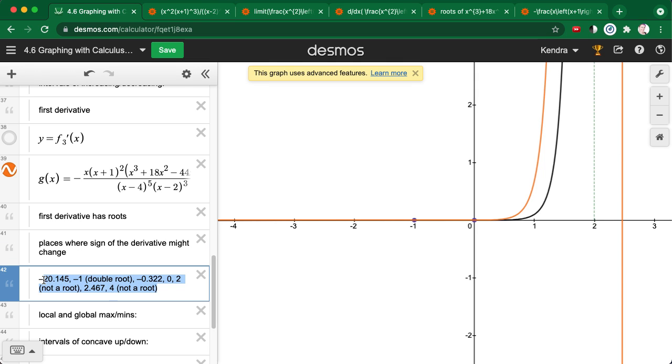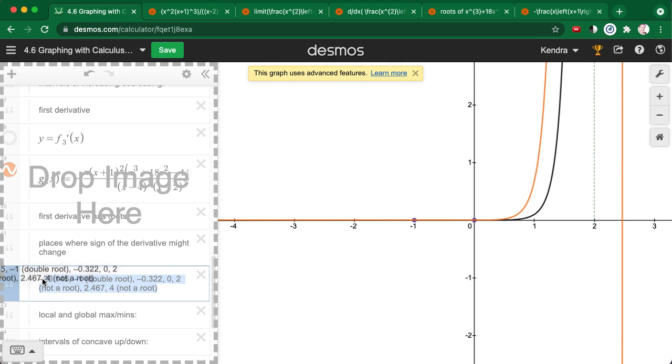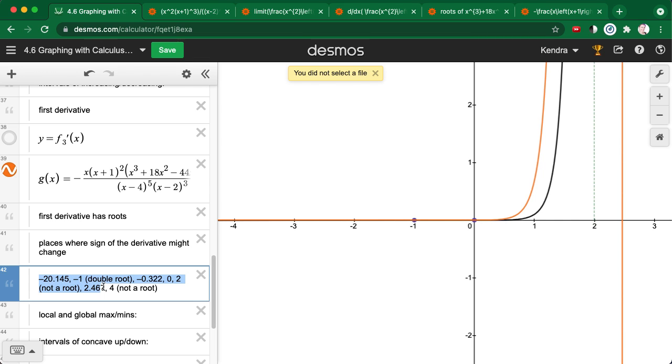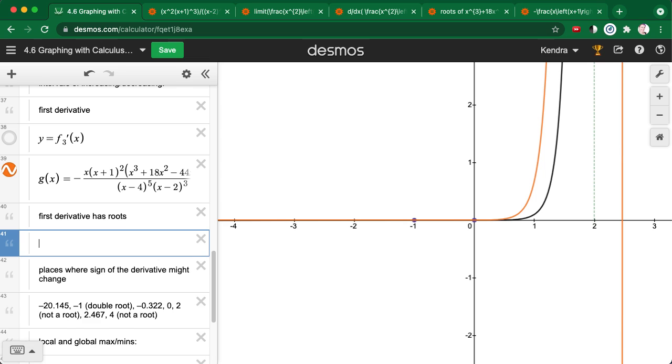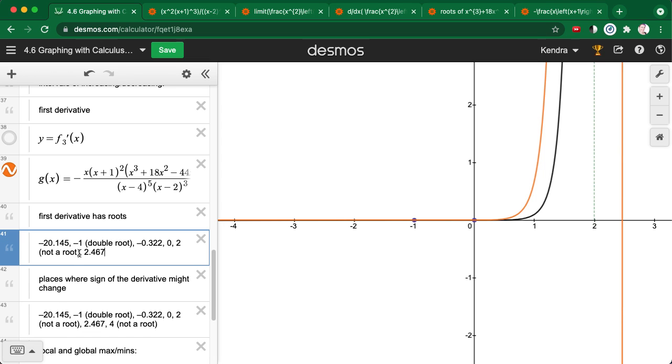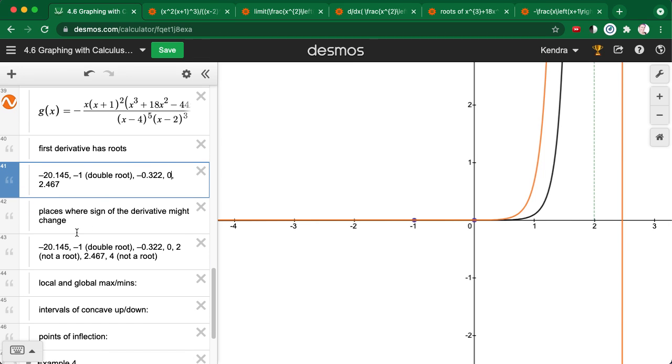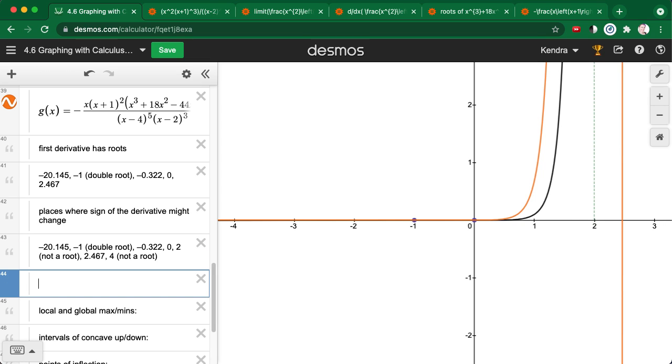So let me just copy this back here. Here are the roots, not that, and take away the... okay, so those are the actual roots, and these are the places where the sign might change, and so I'm going to use this as a way for just calculating whether the derivative is positive or negative outside and between these roots.